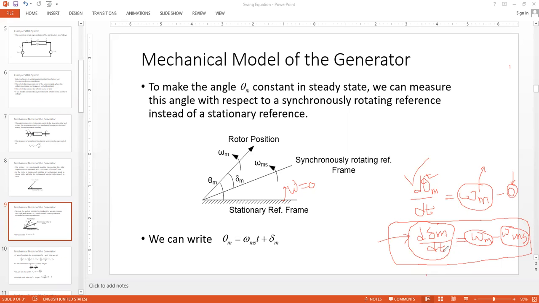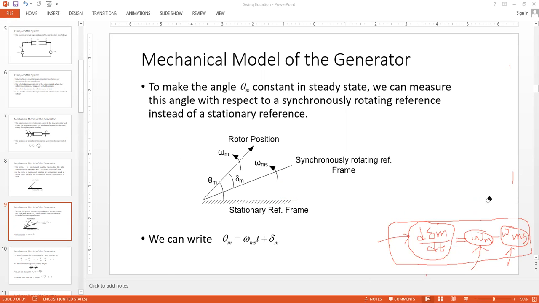So d delta m over dt will give you some relative relation, and this also gives you, of course, relative relation, but however, this value is 0 here, as is shown over here. Any confusion about this? No, sir. Okay. So let's continue.